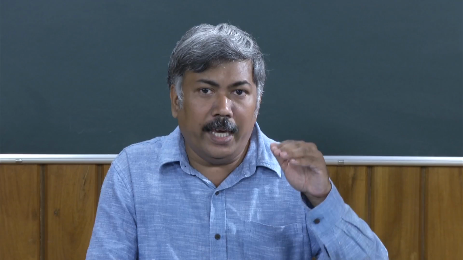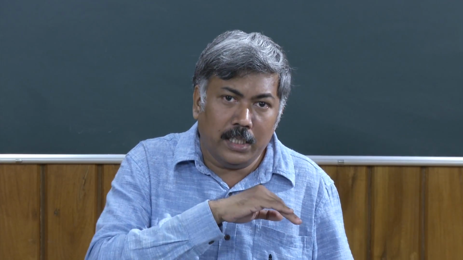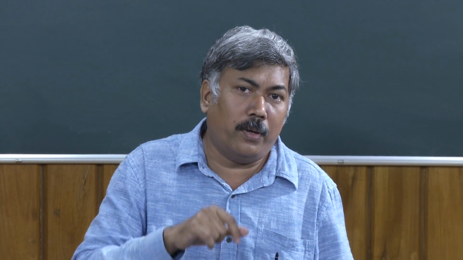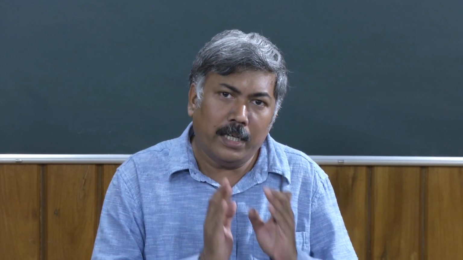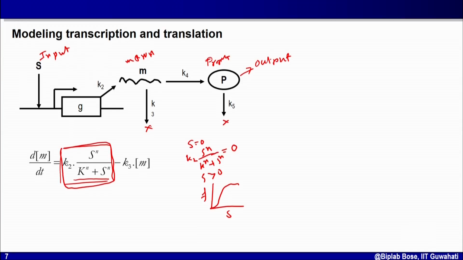As you increase S, the hill function S to the power n divided by K to the power n plus S to the power n will move towards 1 in a sigmoidal fashion. So when I multiply that with K2, the overall rate of transcription also behaves sigmoidally, reaching the maximum value K2 at the maximum value of F, that is the hill function.